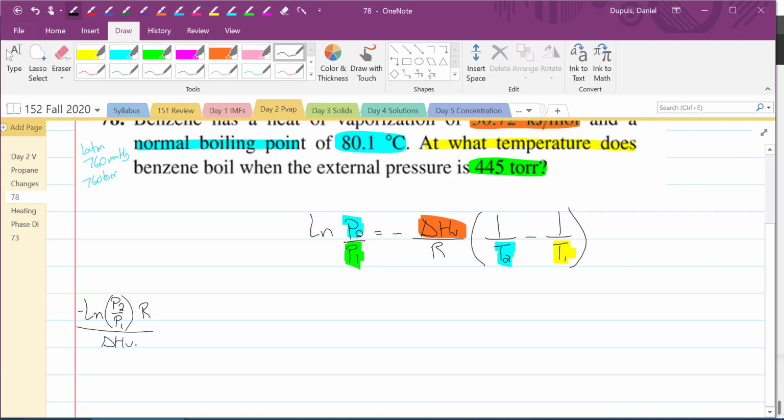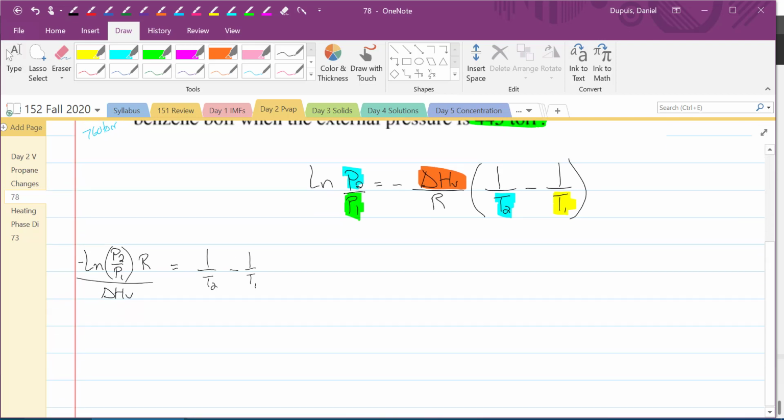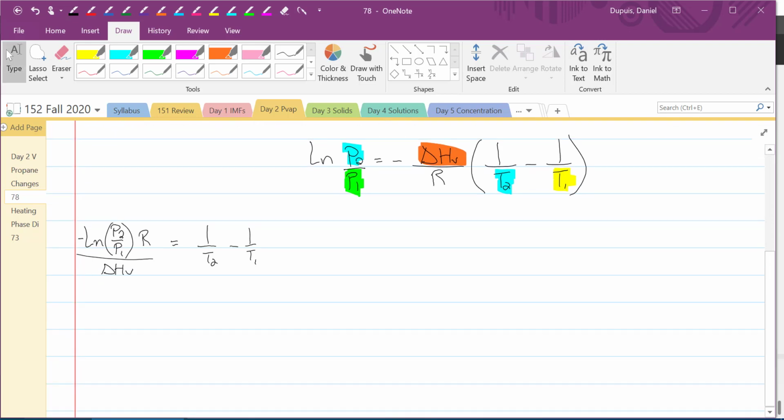Now I have equals 1 over T2 minus 1 over T1. Alright. So, now I have to get T1, right? So I have to move the 1 over T2 to the other side. So negative natural log of P2 over P1 times R all over delta HV minus 1 over T2 equals negative 1 over T1. Multiply everything by negative 1.